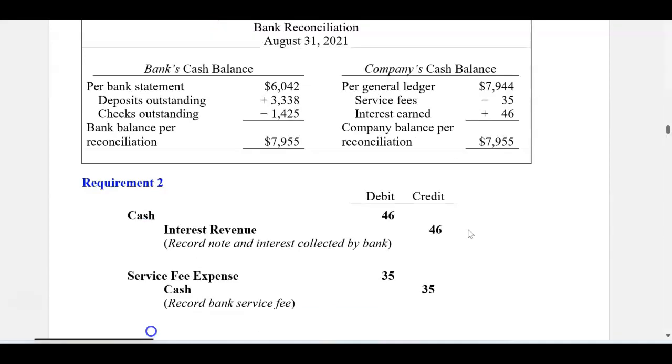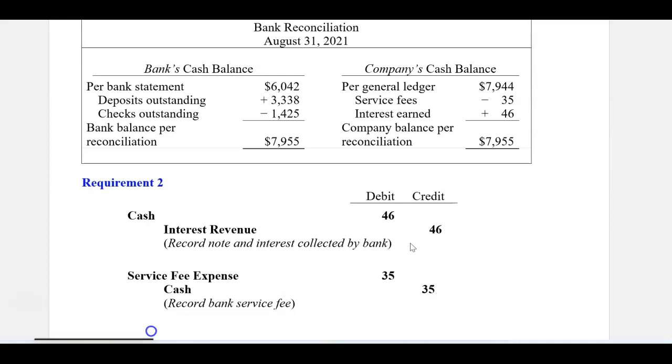So here we have an adjusting entry for the first one, the service fee. Service fee expense, that's a $35 expense that you need to recognize, or you can call it miscellaneous expense or bank service fee expense. That's fine either way, debit. And then cash will be credited to reduce the cash.